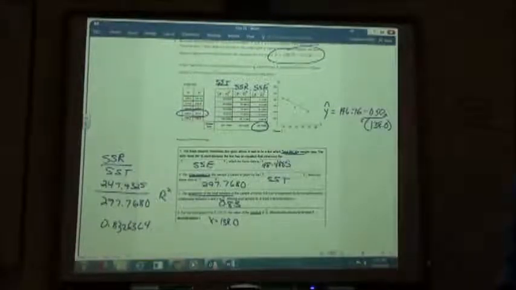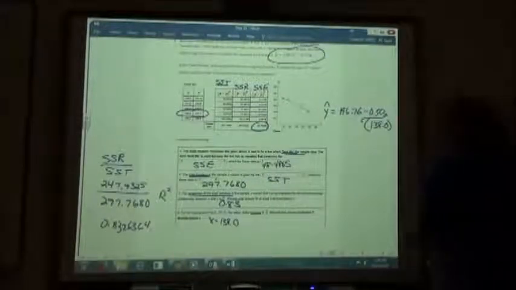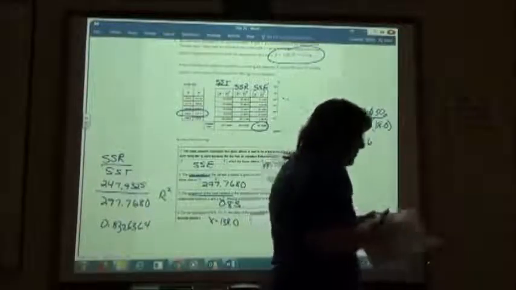And so when I do my calculation, hopefully you had time to do your calculation, I came up with 127.76.